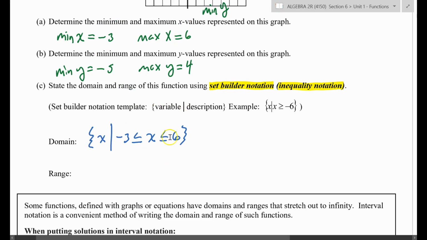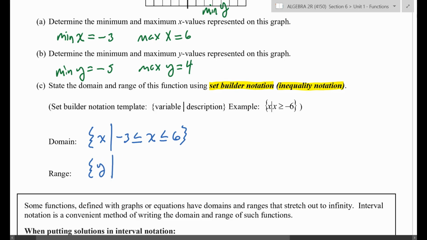And guys, all this other gibberish is ready? If this is an X, this is an X. And the way you read this is X is an element of this inequality. In other words, all the X's must fit in here. So if I want to do it for a range, what variable am I going to use here? So Y is an element of, okay, ready?